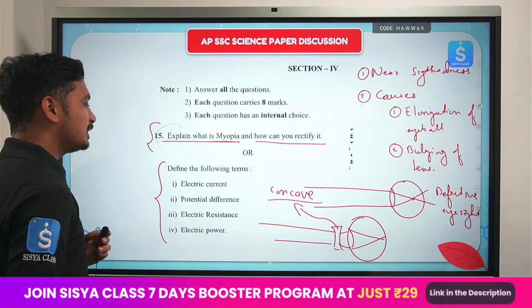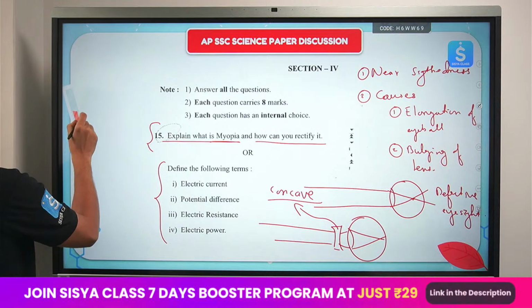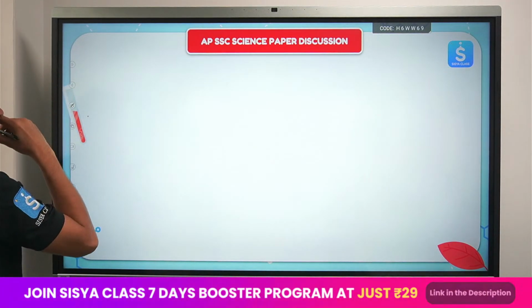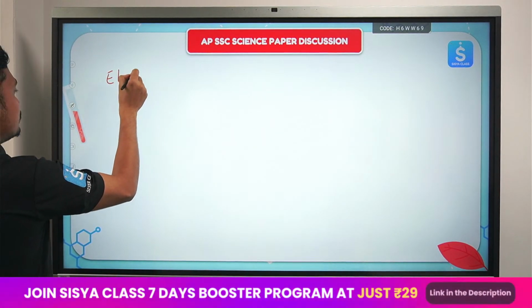So the first thing is electric current. I'll quickly cover that point. What is electric current? Very simple definition.